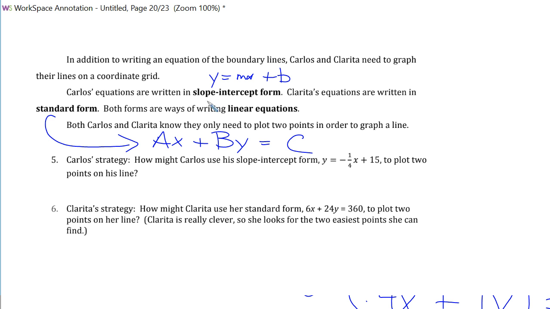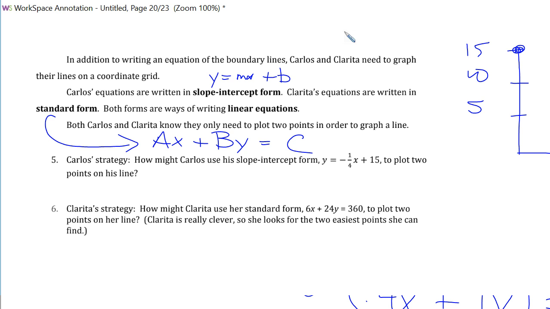So, if we were going to graph this, I'm just going to sketch one. What would be the easiest 2 points for Carlos to put on his graph? 0, 15 for sure. Right, you put in a 0 for x, you get a 15 out. Now give me any other one.